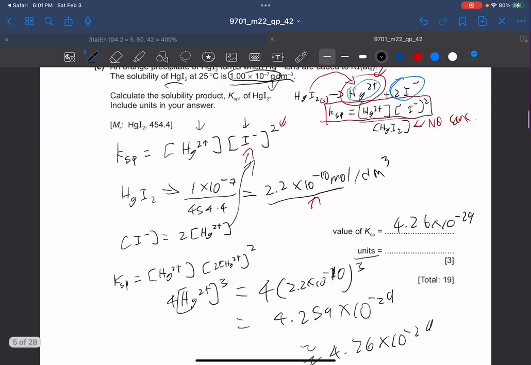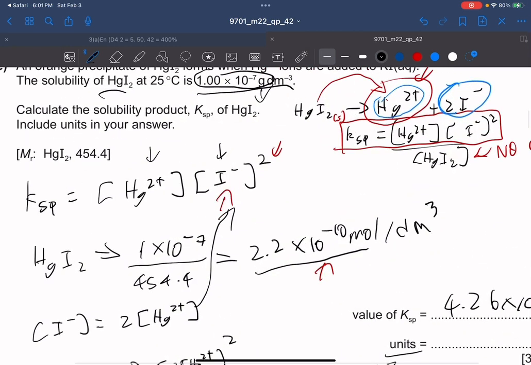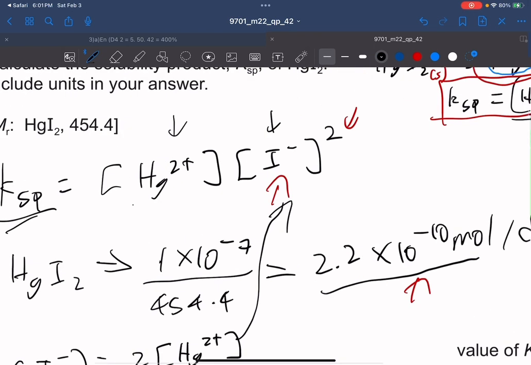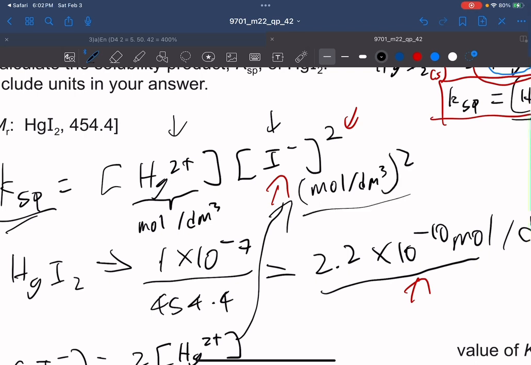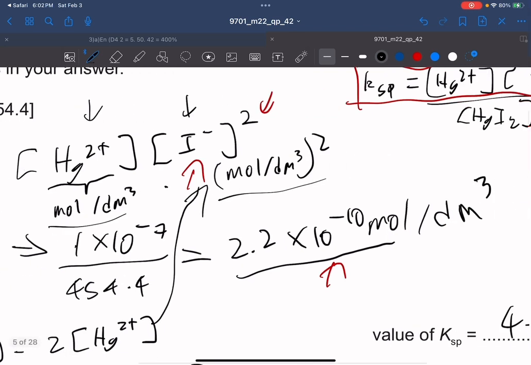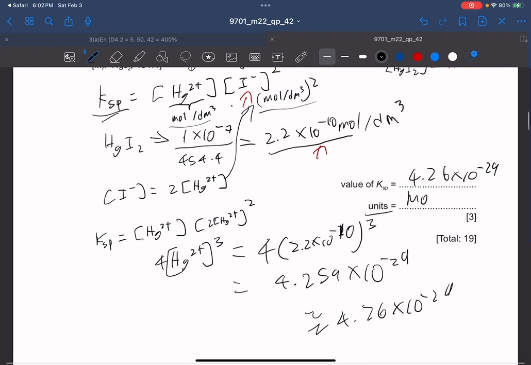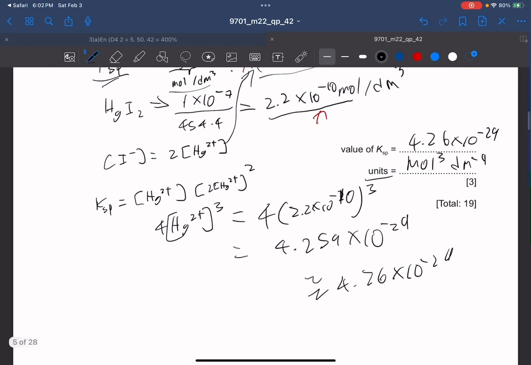We're going to have to figure out the units. So we can figure out the units from here. The unit of this is going to be mole per dm cubed. Here is going to be mole per dm cubed, but we square this concentration, so we multiply those, and we're going to get mole cubed dm minus 9.